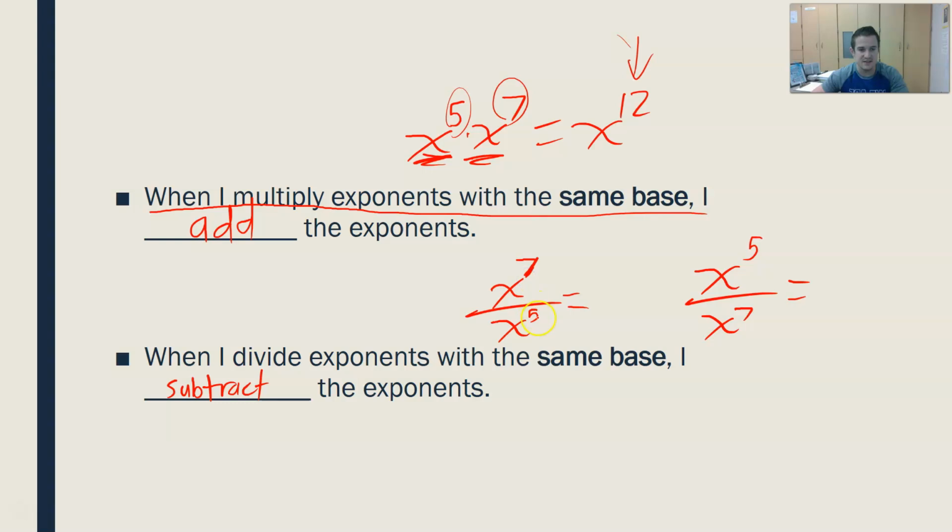So 7 x's in the top minus 5 x's in the bottom just gave me a total of 2 x's that were left in the top. Over here, when I had 7 x's in the bottom, 5 x's in the top, 7 minus 5 left me with 2 x's in the bottom. Okay? So as a general rule, those are the rules I follow with multiplying and dividing exponents.